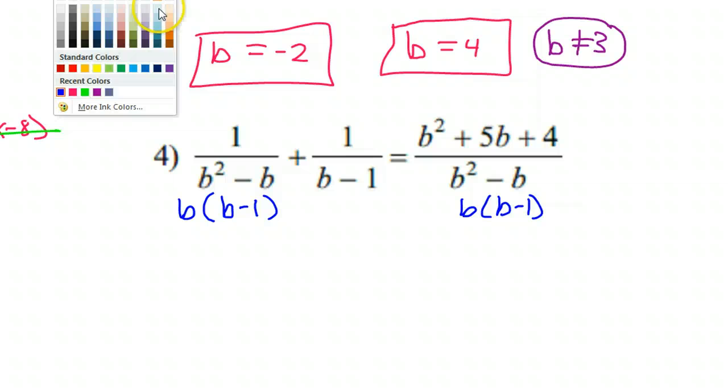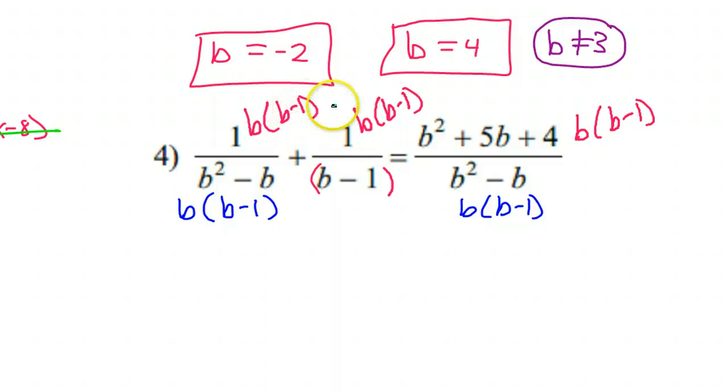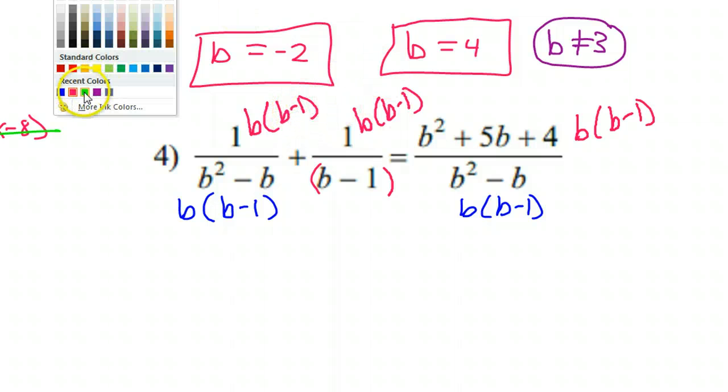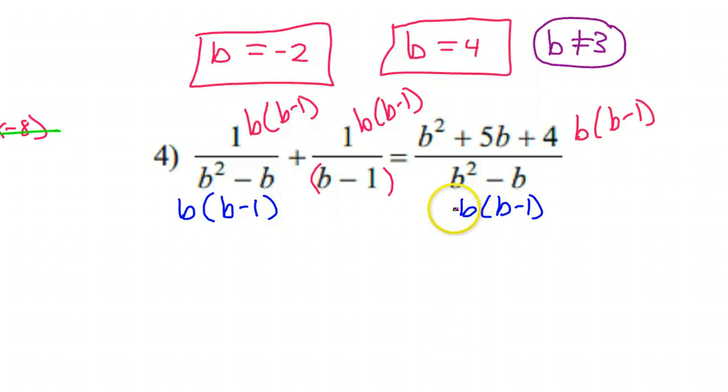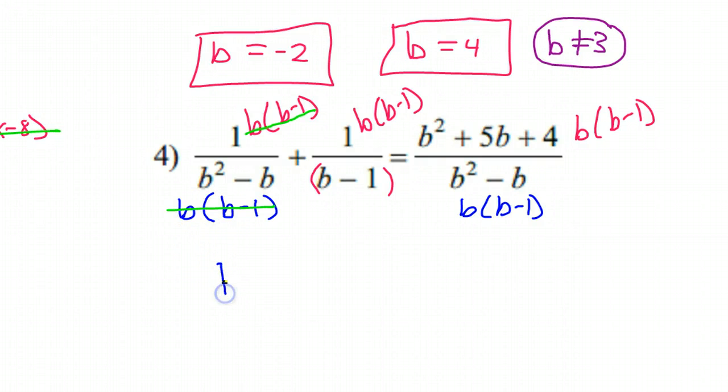So now it's time for me to multiply by stuff. I only see 2 different factors in the denominators. I see b and I see b minus 1. So that's what I need to multiply by. From this first fraction, the b minus 1s cancel out completely, so that's going to leave me with 1.